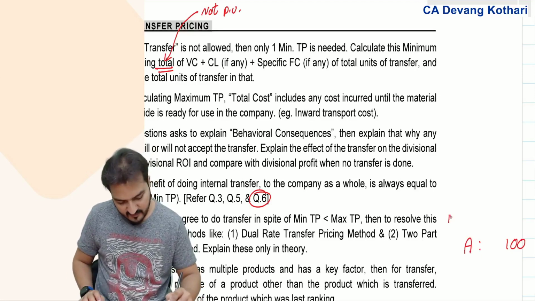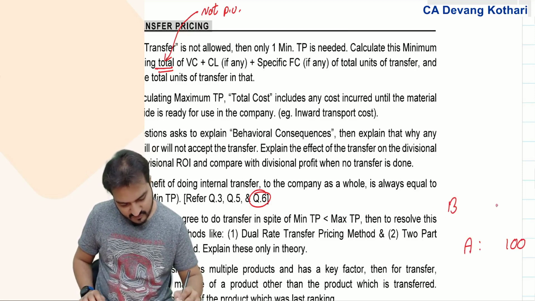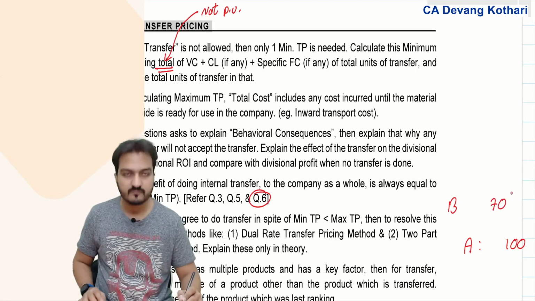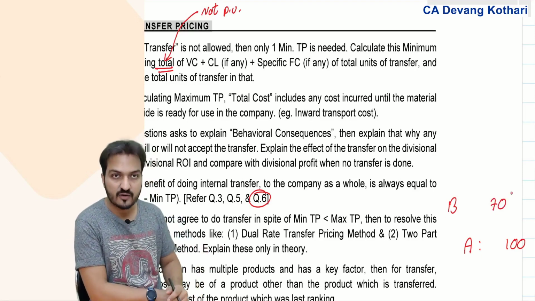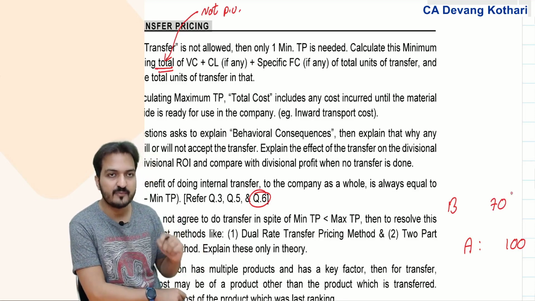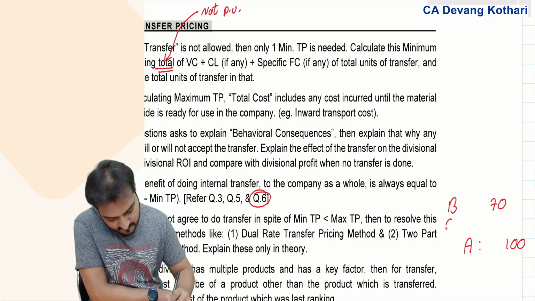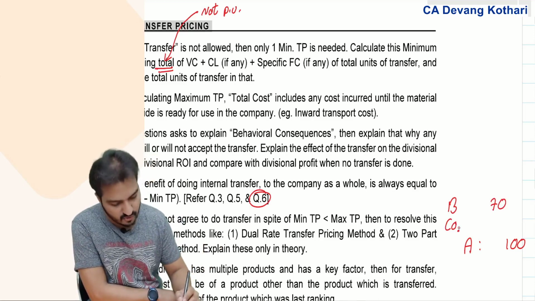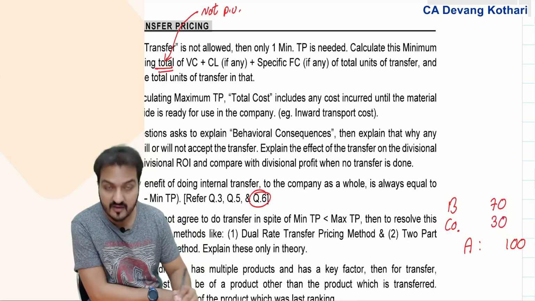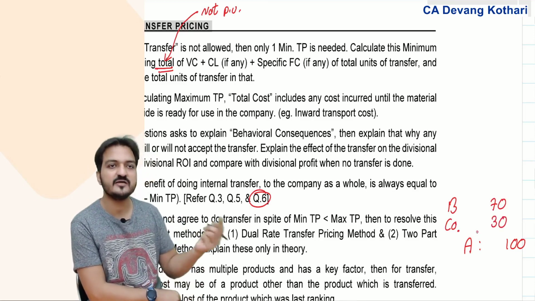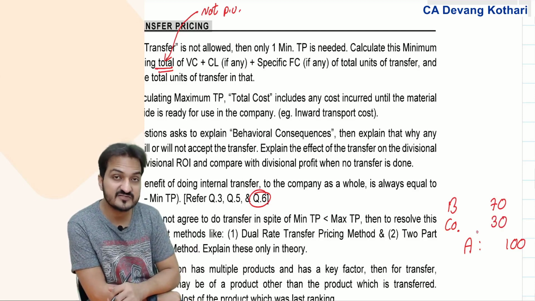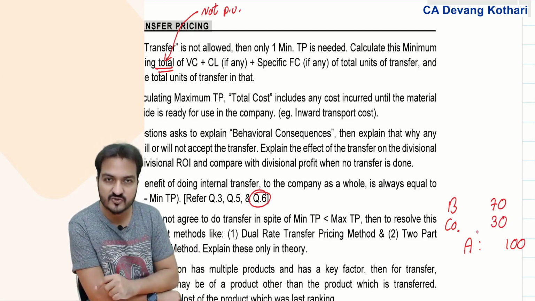Division B will debit cost of only 70. But still the journal entry will not tally. So division B will debit the cost of 70, the company as a whole will debit the cost of 30, and division A will credit sales of 100. This is called the dual rate transfer pricing method.